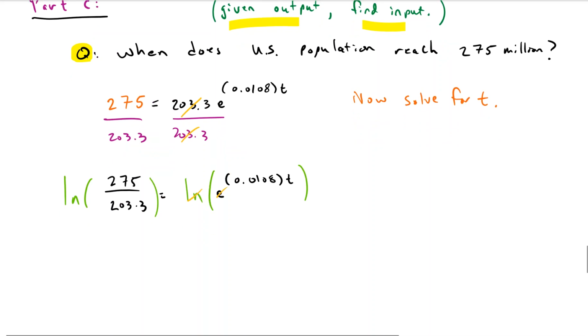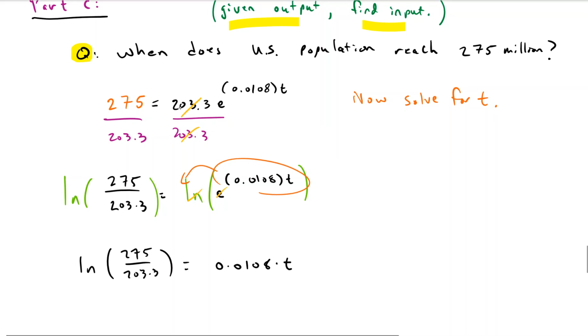And the wonderful thing is this comes out in front, the constant k times t, which is what we want out front because we want to solve for t. So that gives us the natural log of 275 divided by 203.3 equals 0.0108 times t.